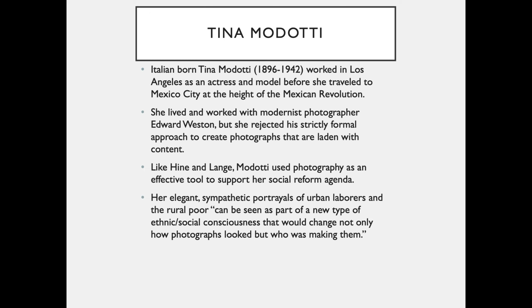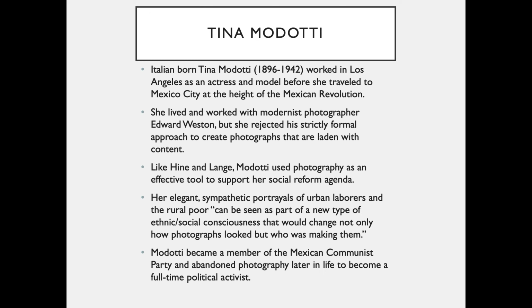Her elegant, sympathetic portrayals of urban laborers and the rural poor can be seen as part of the new type of ethnic social consciousness, which would change not only how photographs looked, but who was making them. Modotti became a member of the Mexican Communist Party, and she later gave up photography to become a full-time political activist.